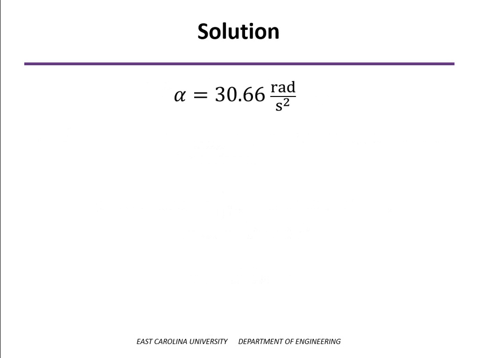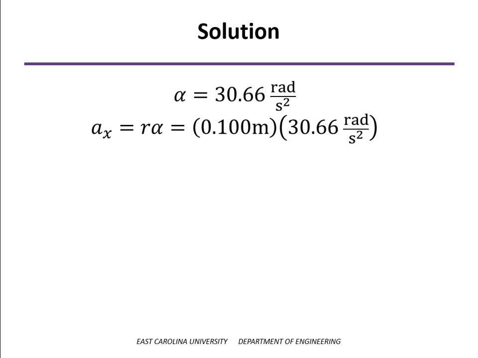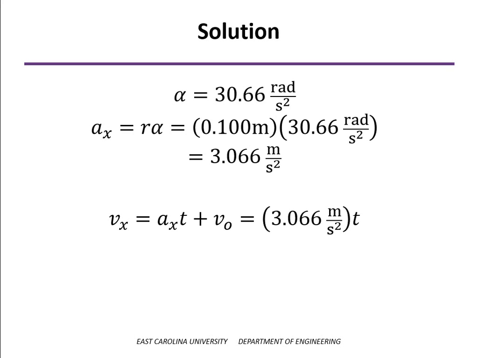And again, knowing the relationship between alpha and the acceleration in the x direction, we find that the acceleration in the x direction is a little over 3 meters per second squared. And that's a constant acceleration. So we can integrate that once with respect to time to get the velocity, and the initial velocity is equal to 0, so we just simply have the acceleration times time for the velocity.